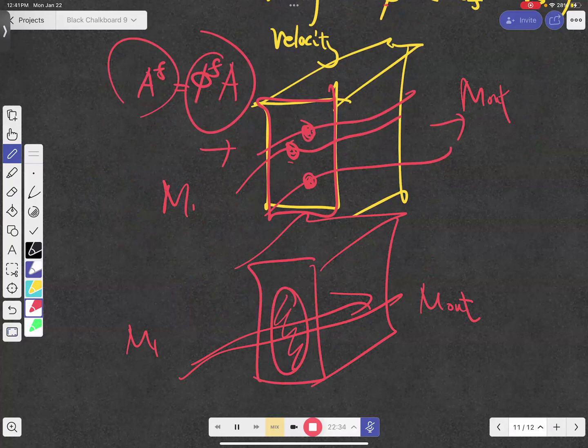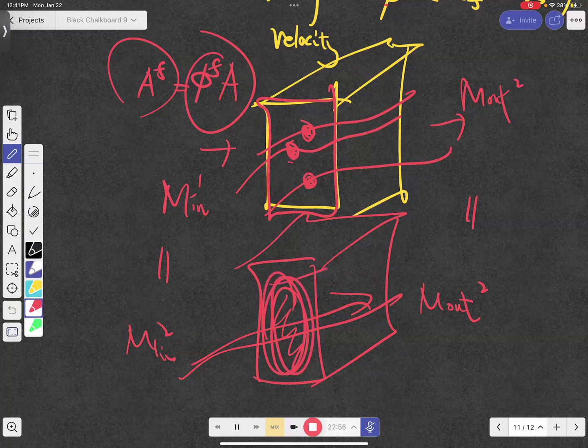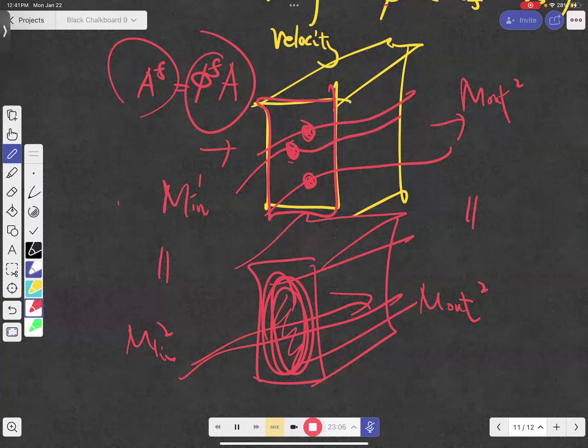If m in 1 and m in 2 are equal to each other, and m out 1 and m out 2 are equal to each other, which one would have higher intrinsic velocity? This one is just a really tiny hole. This one has one big hole in it, connected all the way. Yeah, the little one has to move much faster to compensate for the fact that the area is very small, right? It's like a highway. You can have 10 lanes and move very slowly. They will still be faster than having one lane and moving very fast, right?